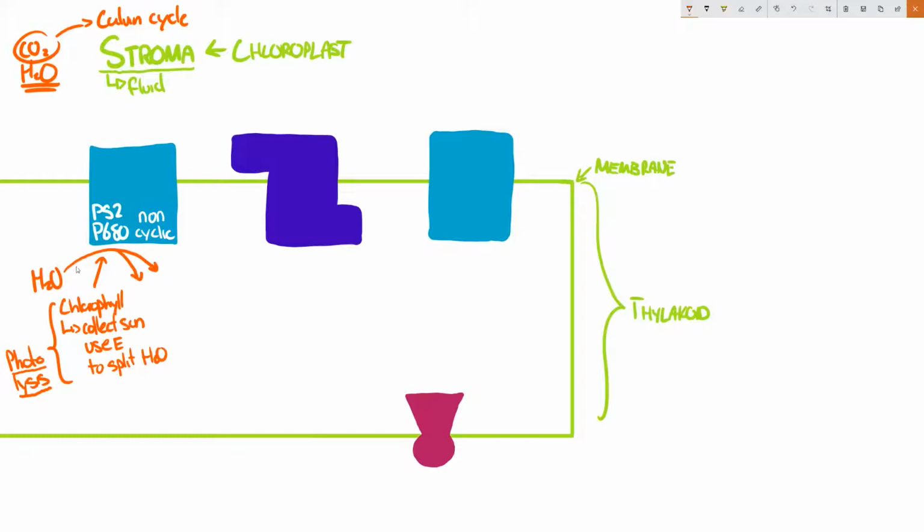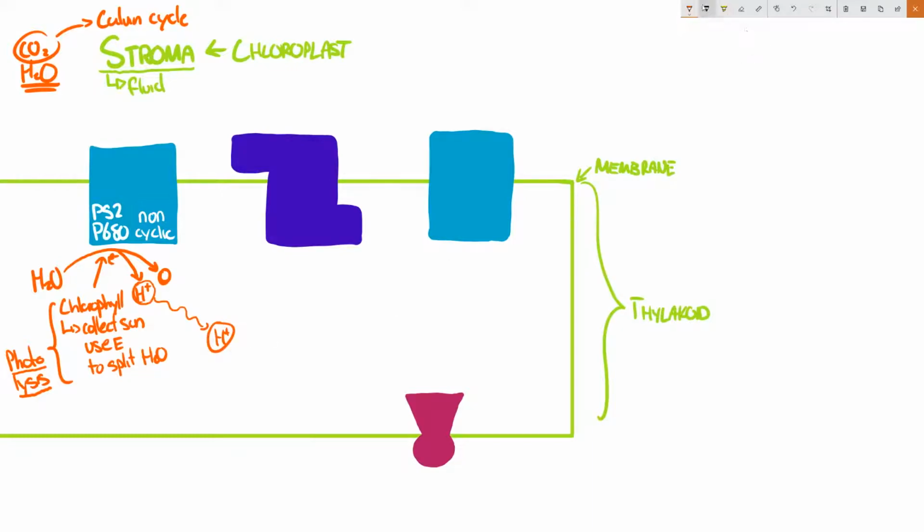So water comes in, it's cut, the electrons are excited there, and they split. We have oxygen and hydrogen protons. This oxygen is going to leave the plant, and that's the oxygen that we're going to breathe, so it's very important. These hydrogen ions, for all intents and purposes, are going to float here.